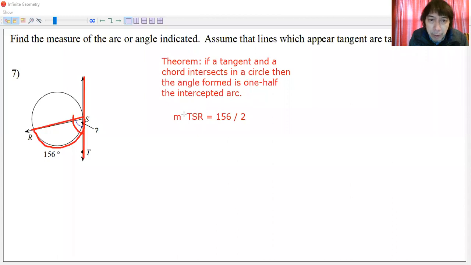So 156 divided by 2, it's 78. 1/2 of that is 78. You have 75 and 3. That's 78. All right. So this is equal to 78 degrees.